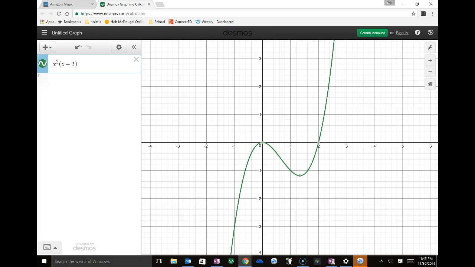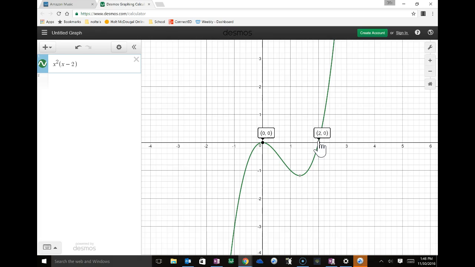So, where does this one cross the x-axis? At 0 and 2. Is there any way you could have figured that out without looking at the graph? How do we find x-intercepts? True, but how do we do it algebraically? You're on the right track.